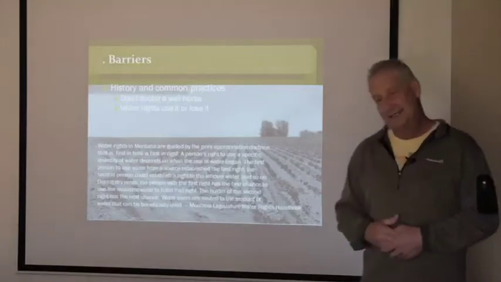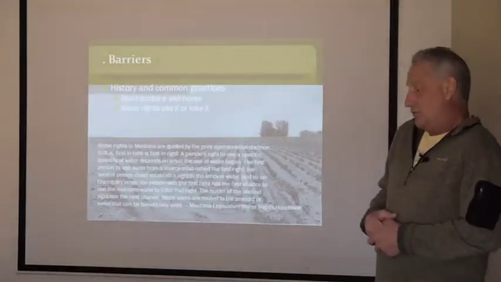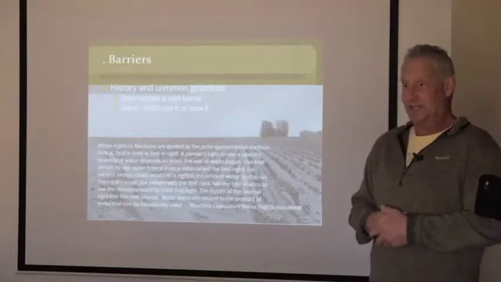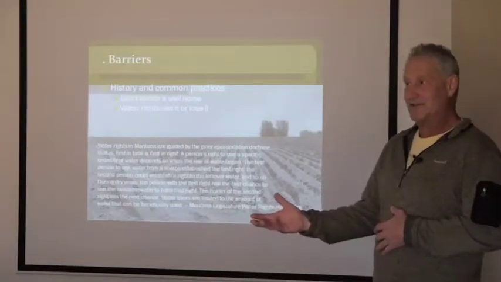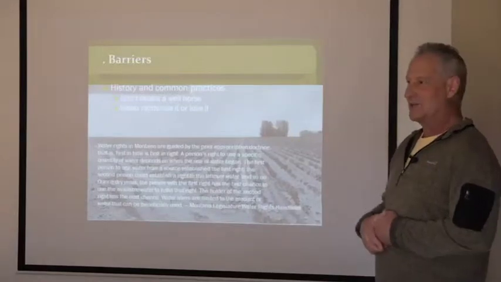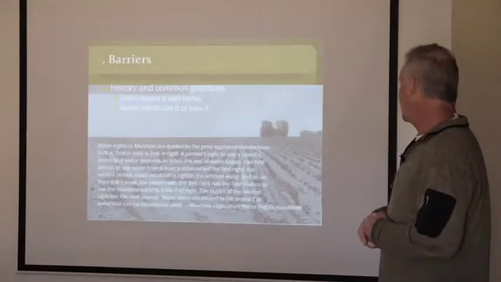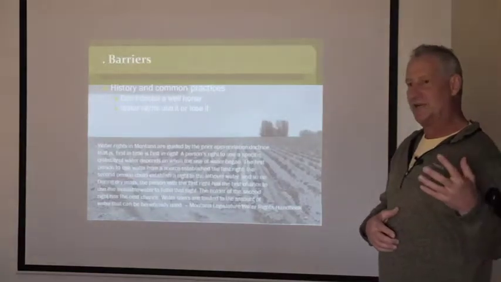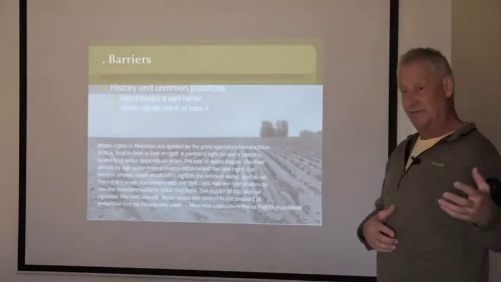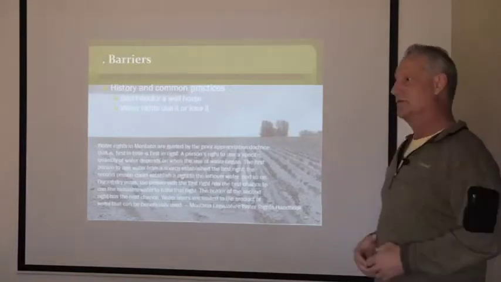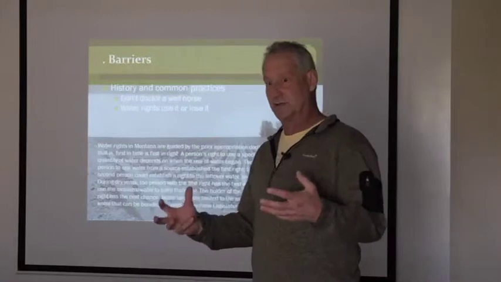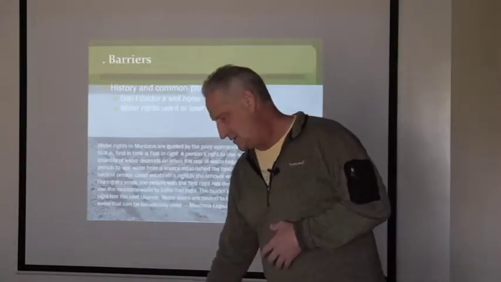If you make your irrigation system more efficient, are you going to get that much water again in the future? A lot of people are afraid that if they use less water, they won't be able to show beneficial use, and so they'll lose some quantity of water, and no one wants to lose their water.